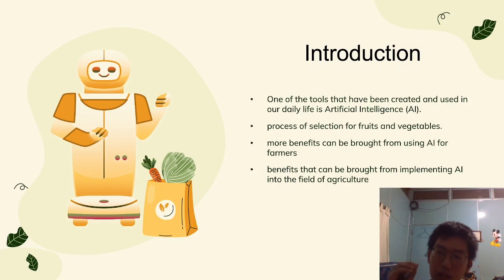In detail, we want to talk about the process of selection for fruits and vegetables, because we believe that by implementing AI we can bring more benefits to farmers. There are many more benefits that can be brought from implementing AI into the field of agriculture.